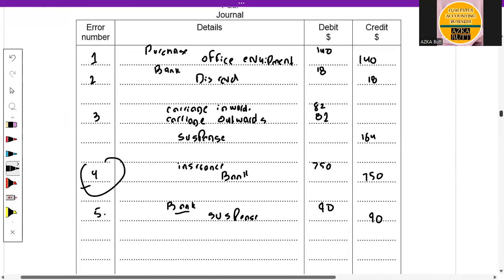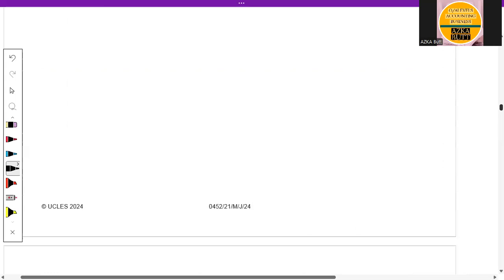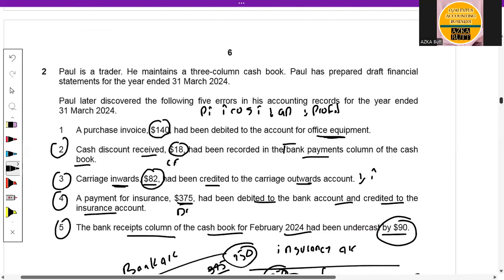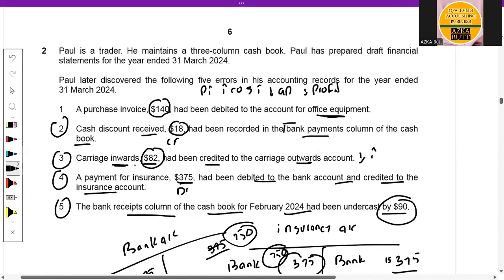And if you see error 3, the carriage inward of $82 had been carried to the carriage outward account. So this is 82.